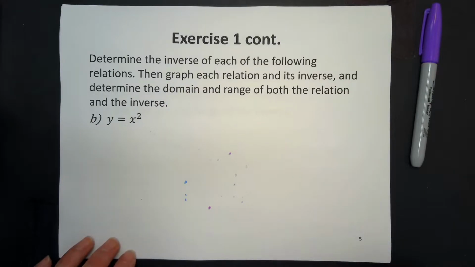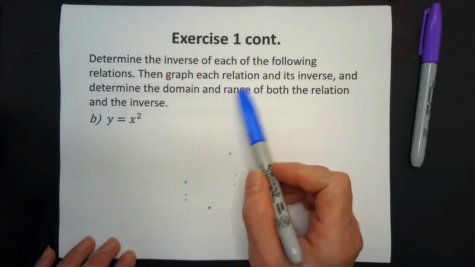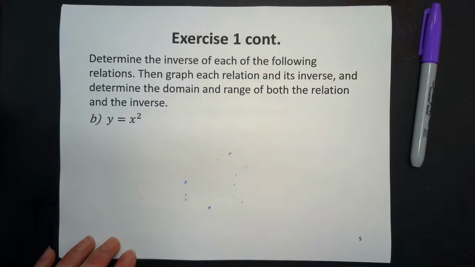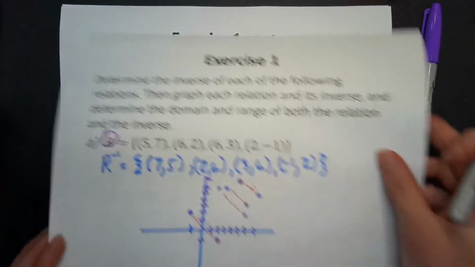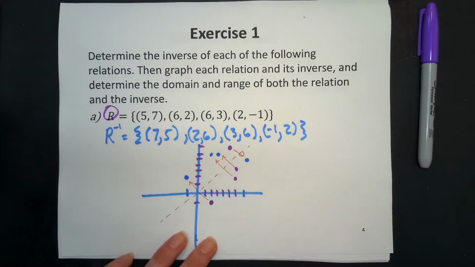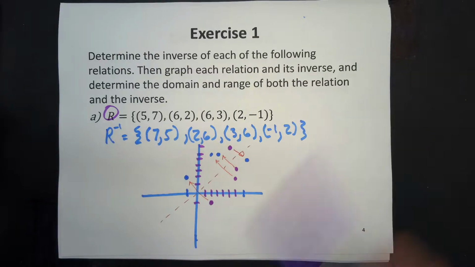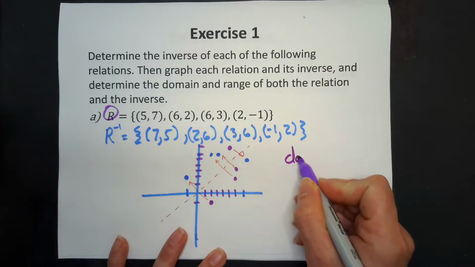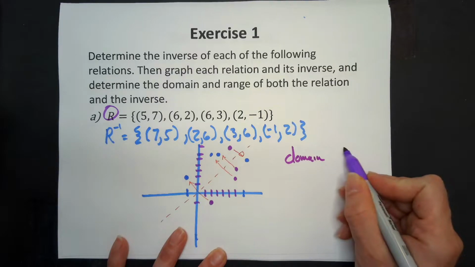Next, it says determine the inverse of each of the following relations and graph the relations. So it's the same instructions because the exercise continues. Oh, I forgot to say the domain and the range of each. Oops. I always do that. So in the original one, we have the domain and the range.